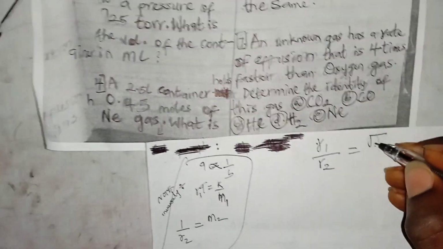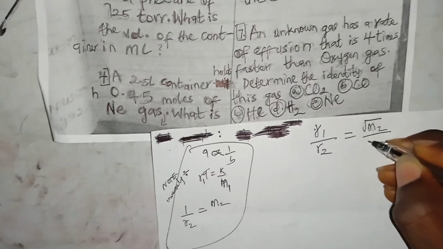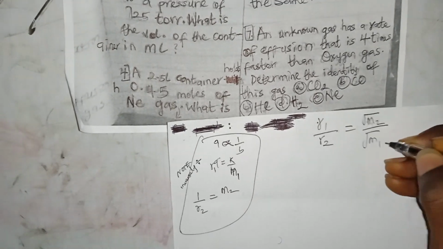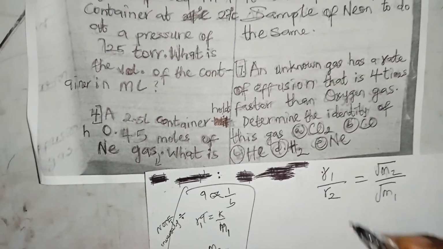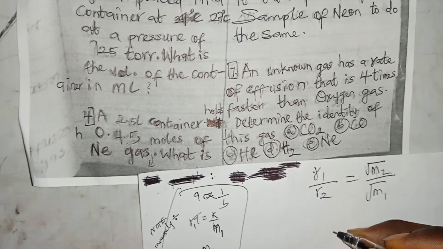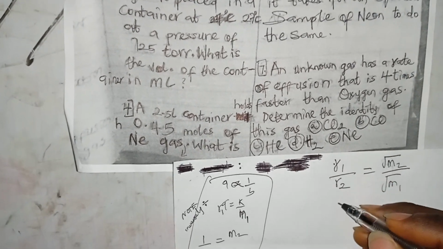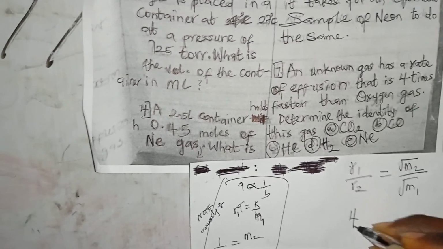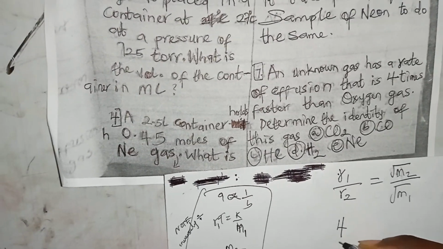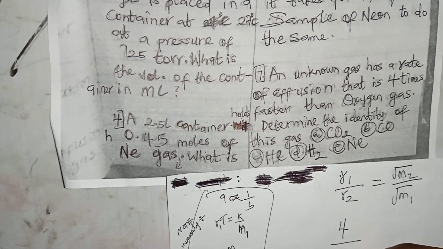So note, this is the same thing as M2 all over M1. So he said an unknown gas is 4 times faster than oxygen gas.